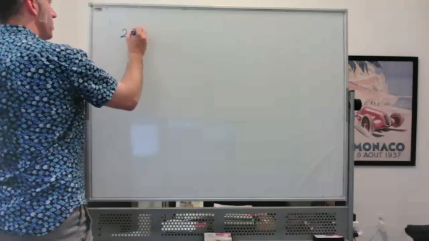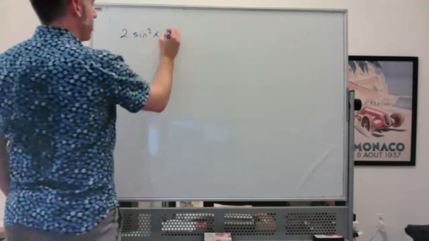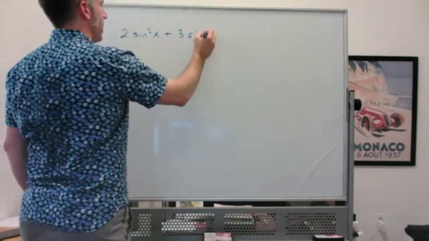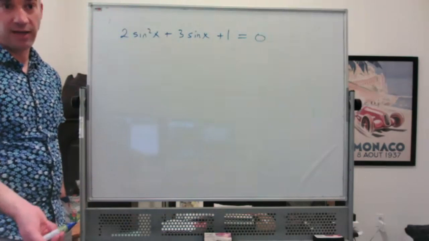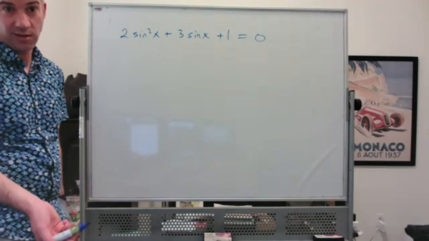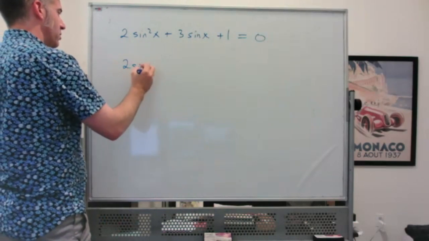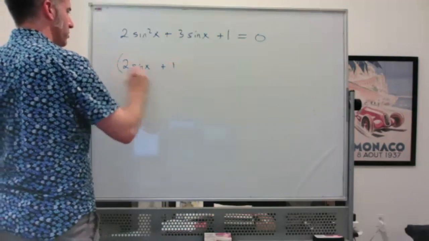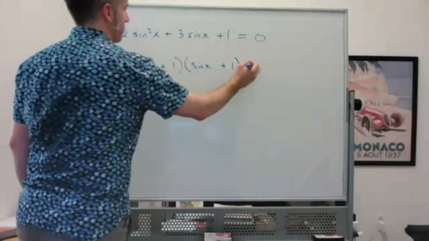Let's say I want to solve 2 sine squared x plus 3 sine x plus 1 equal to 0. And so the idea here is that this is factorable like a quadratic. This is going to factor as 2 sine of x plus 1 times sine of x plus 1.